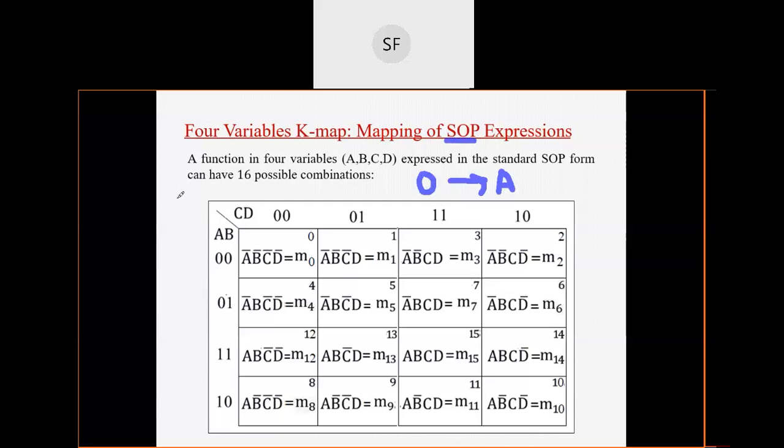So in SOP, 0 will be complemented form. 0 will indicate complemented variable, or vice versa. If there is complemented variable, then you have to assign the value associated with it as 0, and if 1 is there, then you have to take uncomplemented variable.